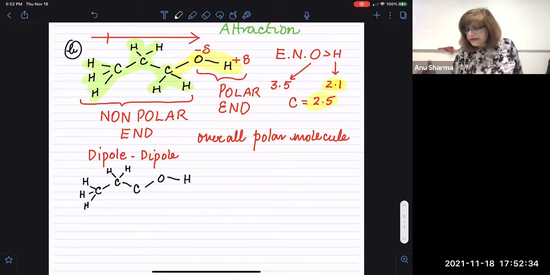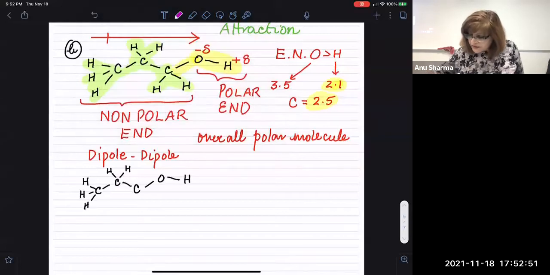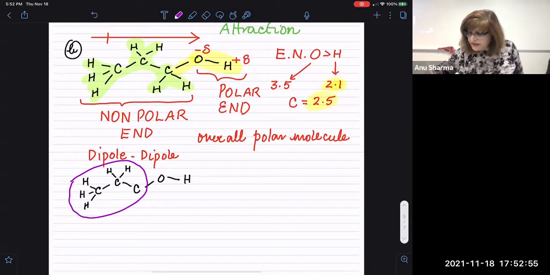The thing is that other forces are also going to play a role. Just keep in mind that this whole piece of the molecule will be polarized. There is no delta negative charge here.